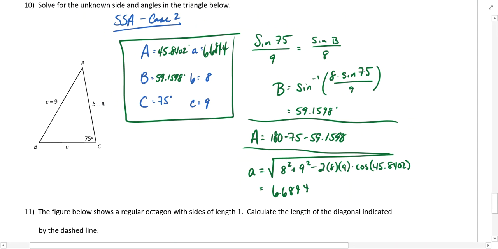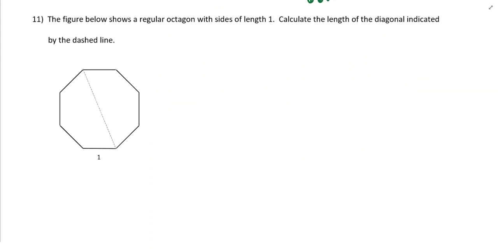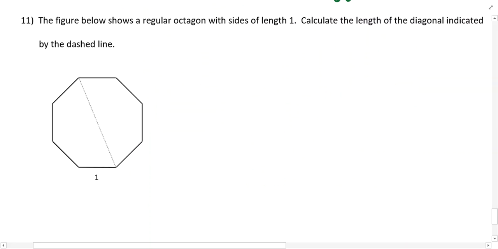So let's now take a look at the last example in our review here. And this one's one of those extension or challenge problems that I said we might consider on this test. There is some need to recall geometric information on polygons from geometry class.